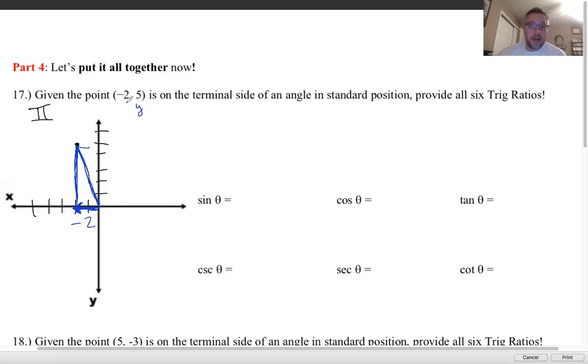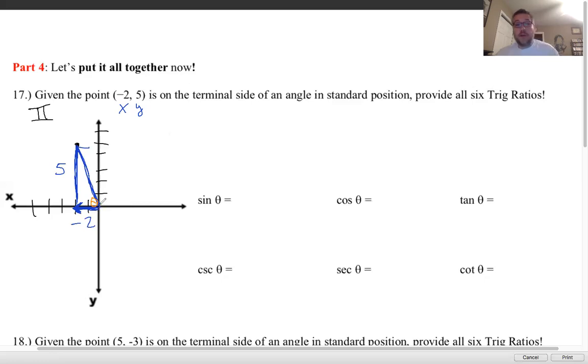Okay, this is the y, this was the x, that's +5. All right, so the -2 is coming from the x, the +5 is coming from the y. I'm going to put in theta. Theta touches the origin, essentially, right there.